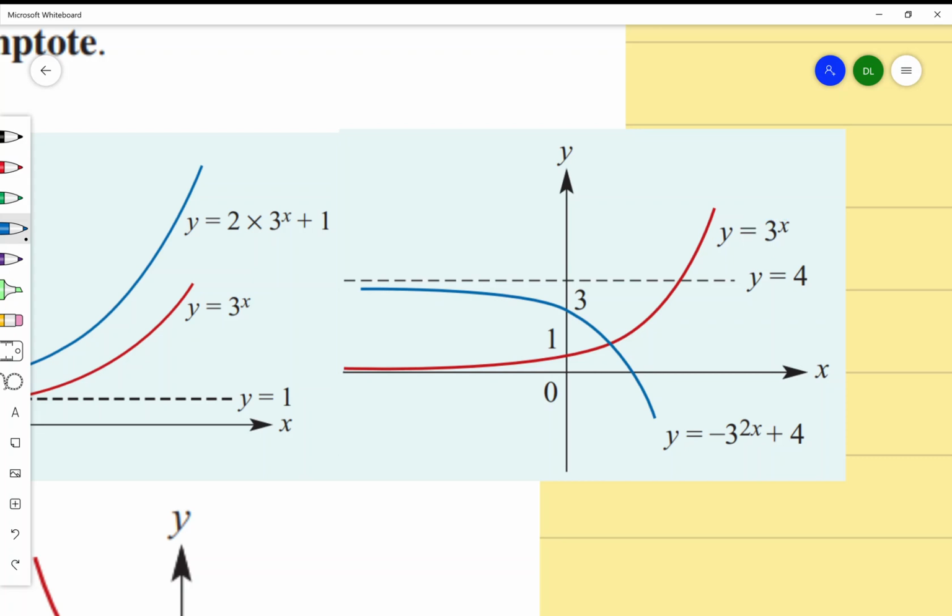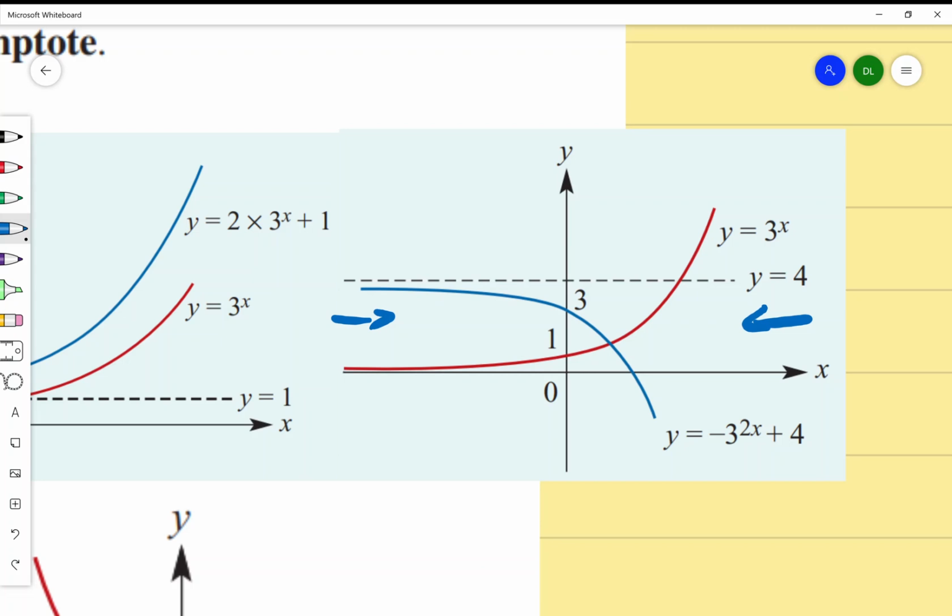But if I wanted to get 3 to the power of 4 on this equation, let's ignore the plus 4 and the negative, I would have to have x equals 2. So whatever value of x I put in has to be half of what it was before in order to get the same value. Does that kind of make sense? In which case, our graph is just squished this way. And for those of you that are watching the recording, I mean this way.